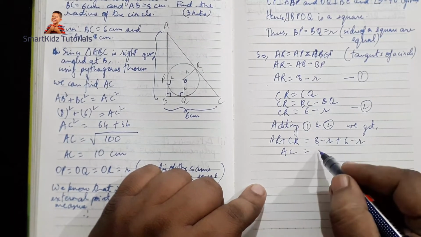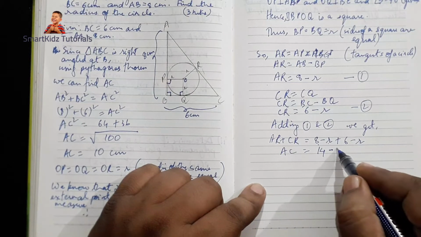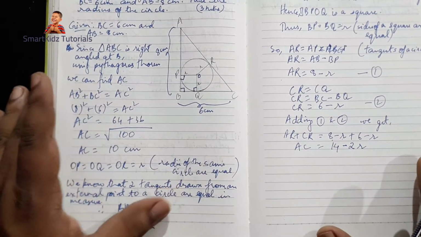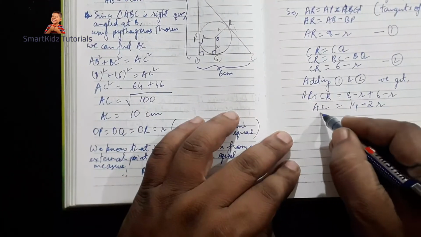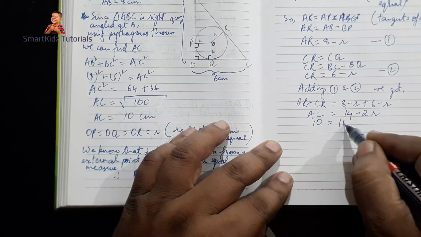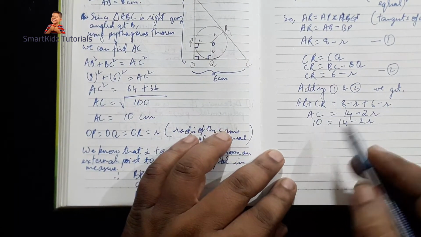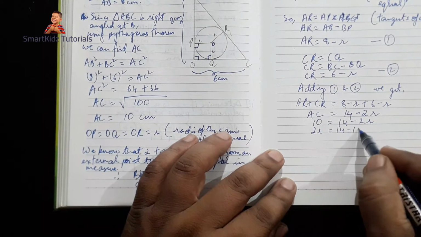And 8 plus 6 is 14. Minus R and minus R gives us minus 2R. Now, AC we found over here as 10. So I'll put 10 over here. This will be 14 minus 2R. Okay, so I'll bring 2R on the left hand side and I'll take 10 on the right hand side.